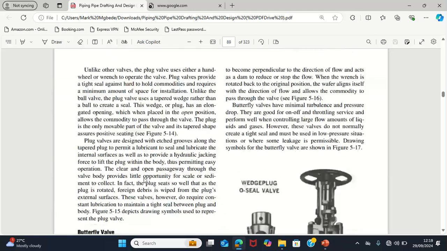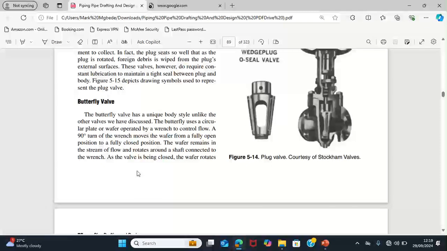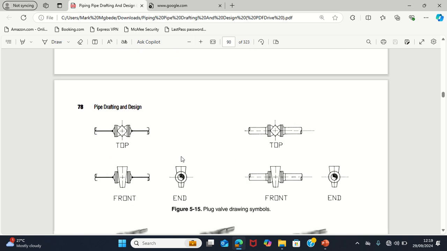Why the butterfly valve? It's like the ball valve, but it is used mostly in water lines. It looks like a butterfly, with a circular plate inside of it. It's either fully open or fully closed.